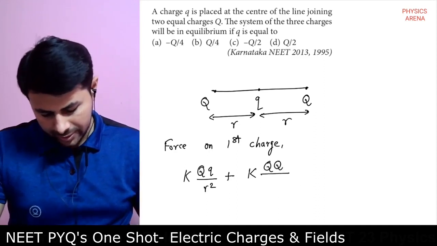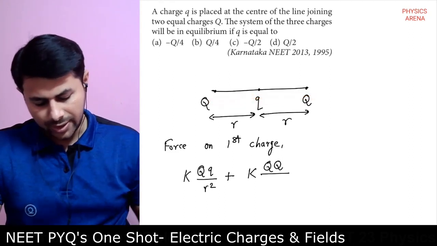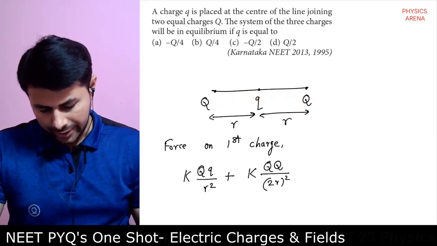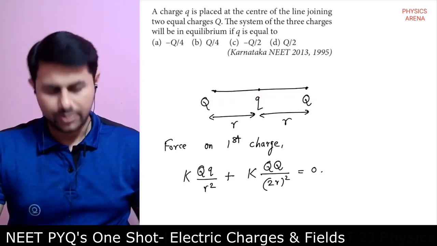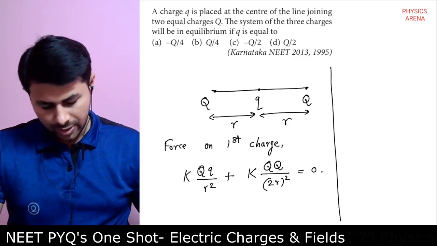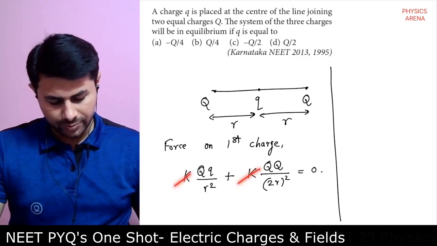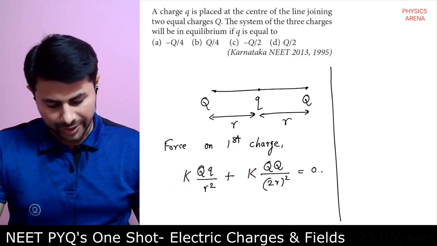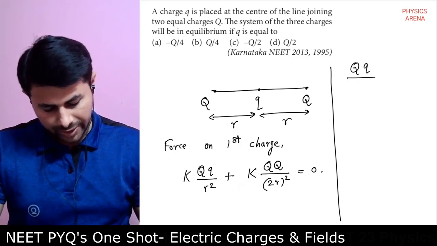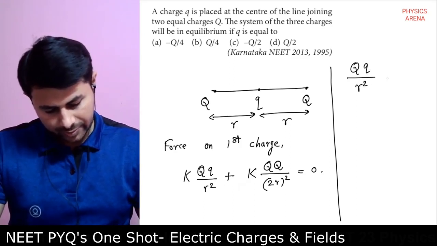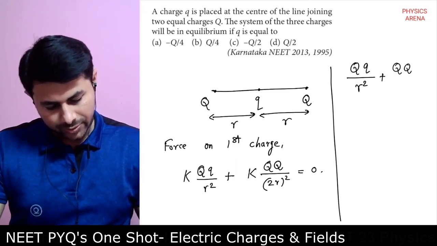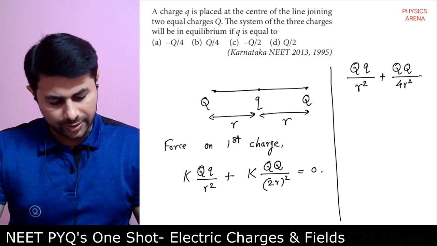This net force should be equal to 0 for it to be in equilibrium. So then we can divide by k. It is q into Q divided by r square plus q into capital Q upon 4r square is equal to 0.